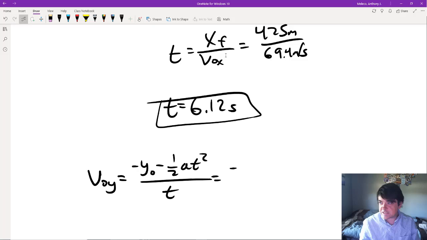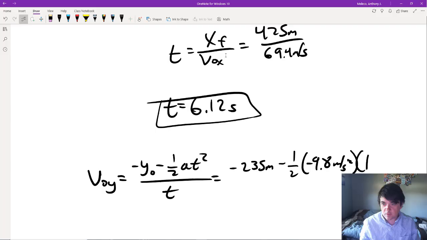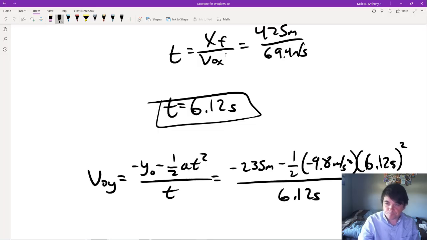Now we can just plug everything in. Minus, it was initially 235 up, minus 1/2, minus 9.8, I'll make that positive, times 6.12 seconds squared, all over 6.12 seconds.